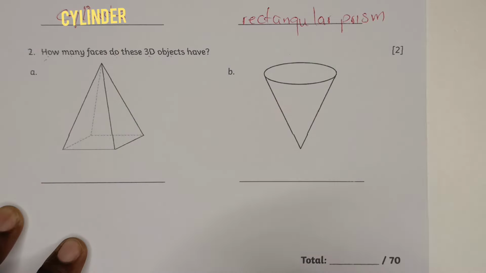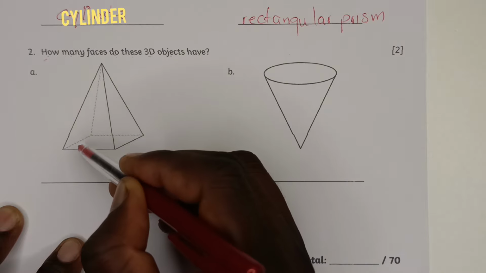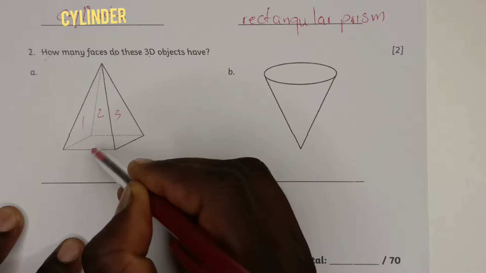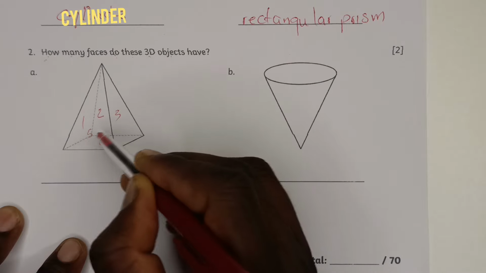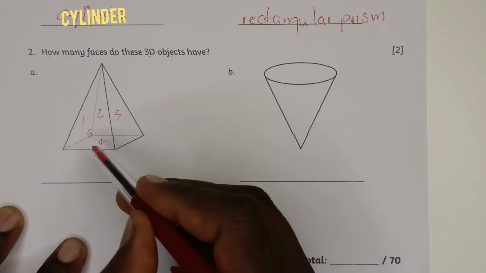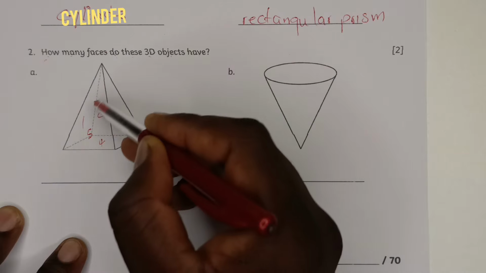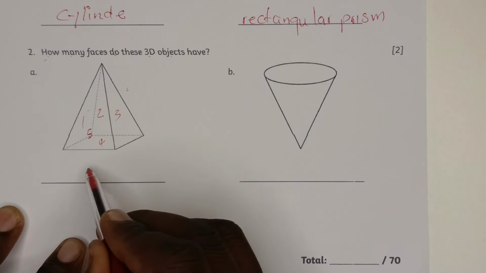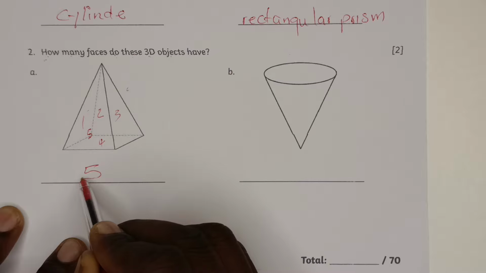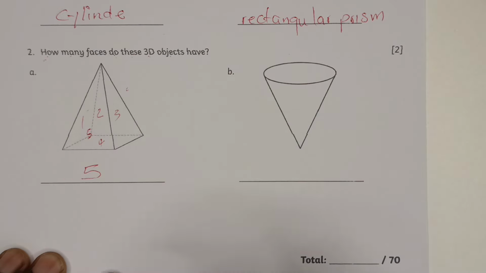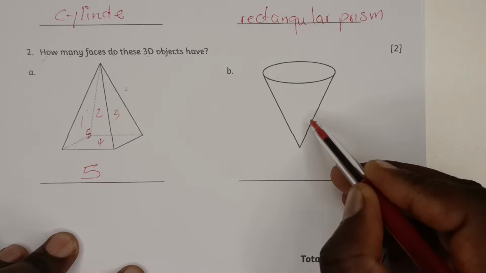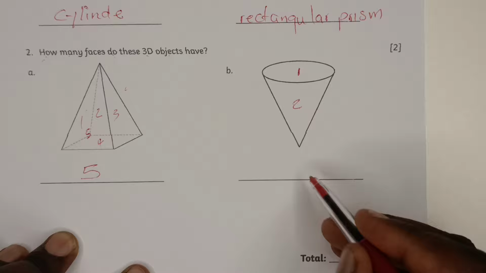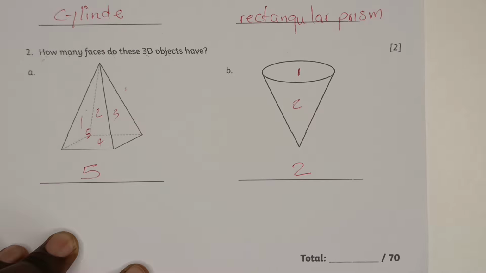So this one has got 1, 2, 3, 4, and 5. 5 is this one, the one that is facing us. 1 is that one, 2 is that one, 3 is this side. So this shape has 5 faces. So we come to this one. This one has got this face and this face. So it has got 2 faces.